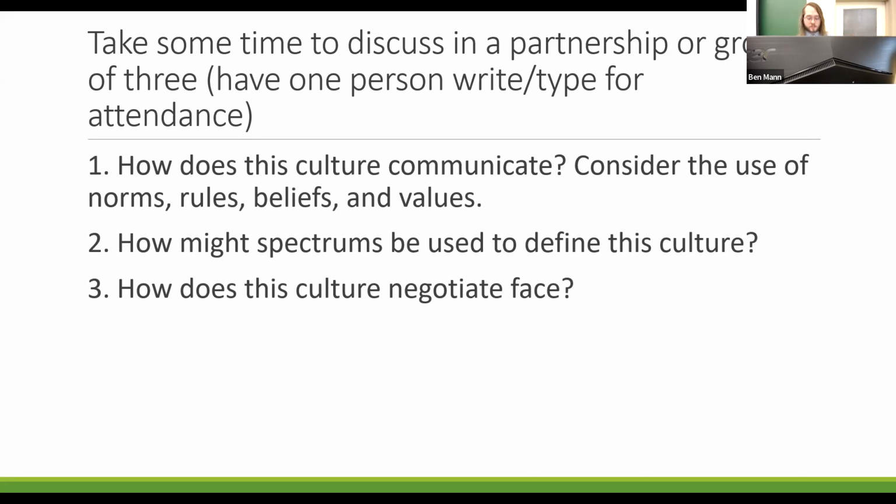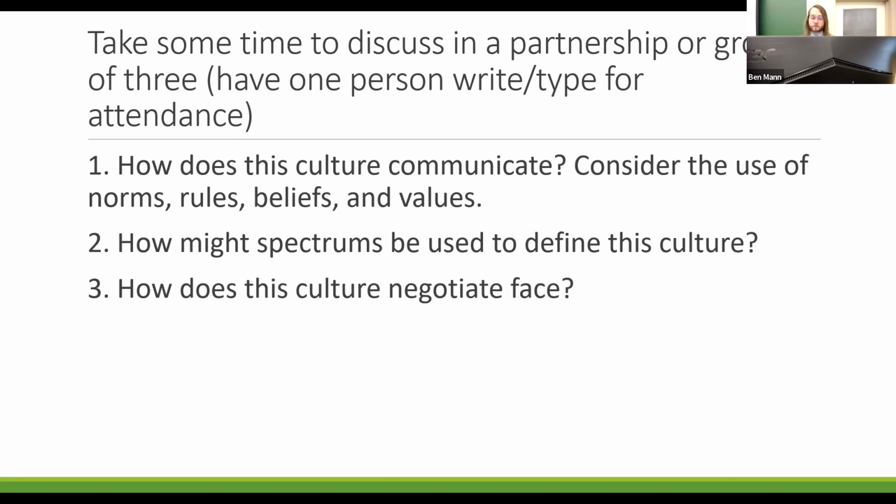So let's talk a little bit about spectrums. How many people focus on context, high versus low? About power distance? A little bit, yeah. And then, you know, there's a few measures that we can think back through here, right? So in addition to those, what about masculinity and femininity? Yeah.